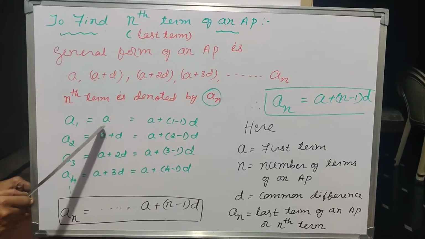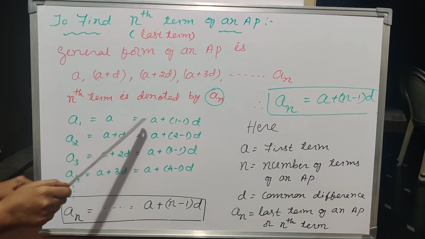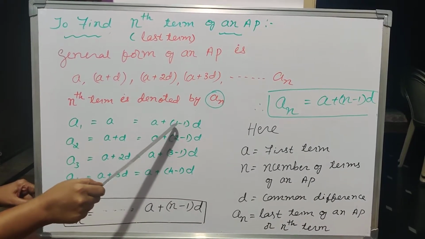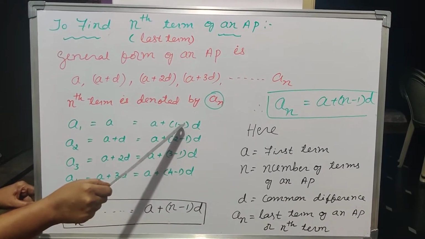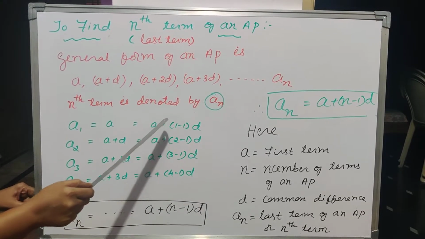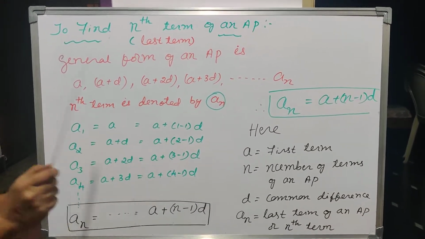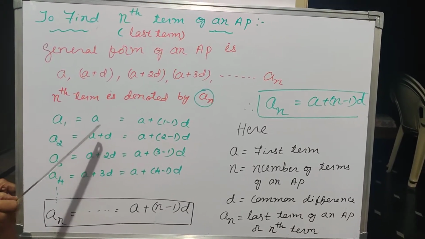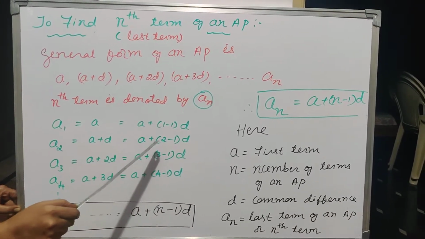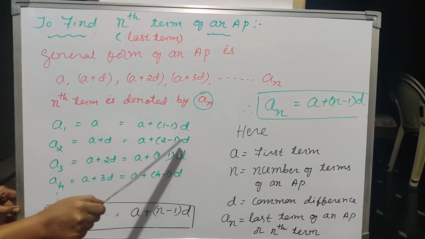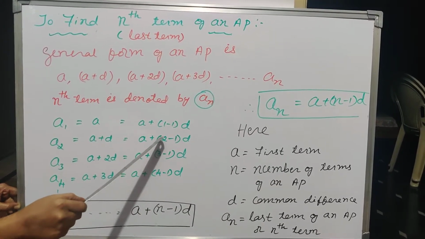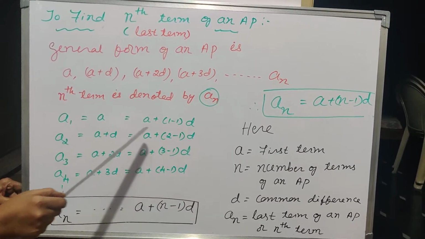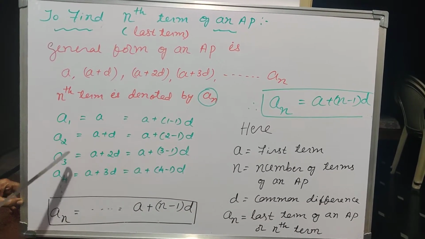See, A1 is equal to A, I written this as A plus 1 minus 1 into D. 1 minus 1 means 0, 0 into D is 0, then we get A. No change in that. A2 is equal to A plus D. I am writing in a different form: A plus 2 minus 1 into D. Here 2 minus 1 is equal to 1. Therefore 1 into D, that is equal to A plus D.